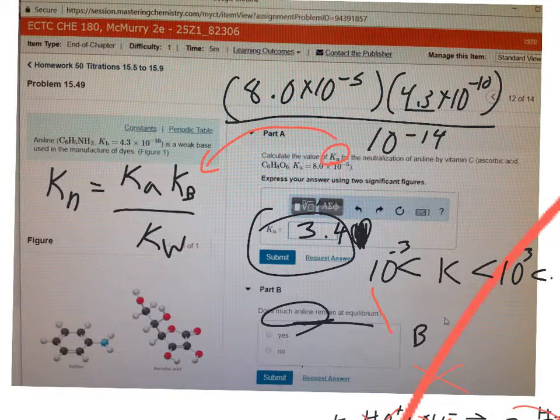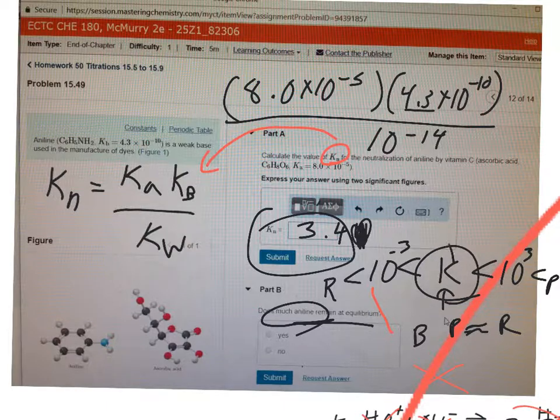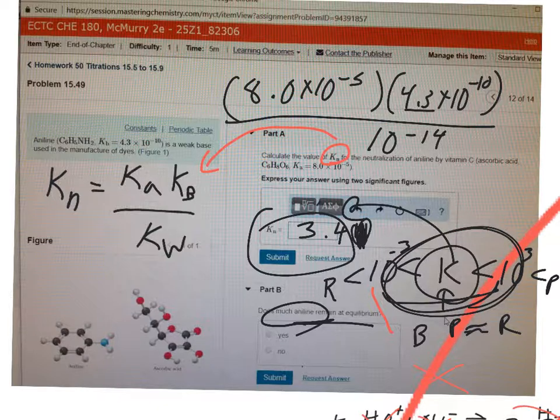We said greater than that, we had more product; less than that, we had more reactants. In this range here, products were kind of equal to reactants. We're really close to 1 here, which means that we're definitely between our thousands, so we have significant amounts of everything present. So I would answer yes, although I really hate relative phrases such as much. But that's how you do that one.